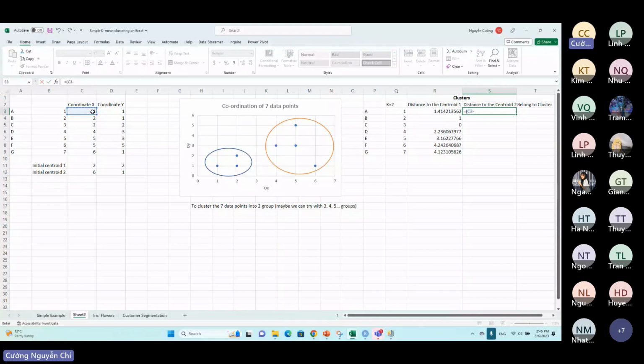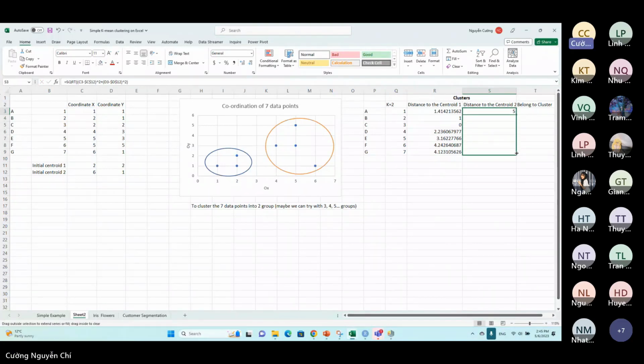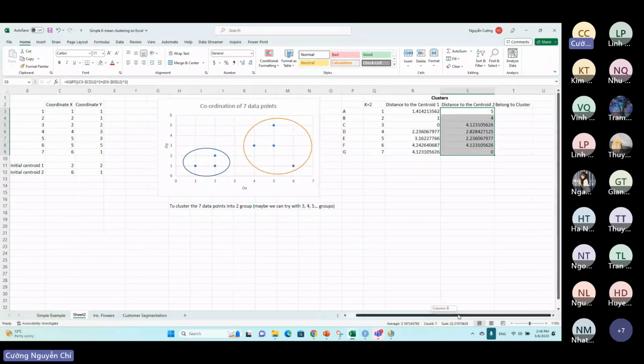Take the same, minus the centroid, and square. Remember, this is just the square of the distance, so we have to take the square root of everything. Right, and now let's see.